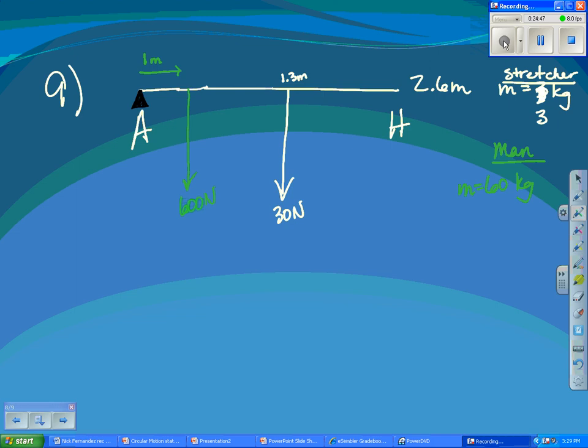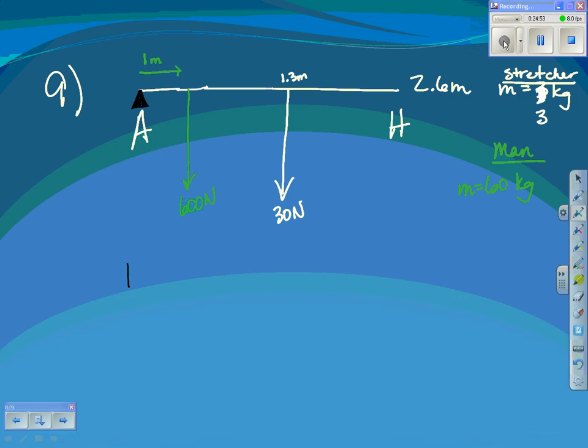All right, so we're going to take Anita completely out of the equation at this point. All right, and we're going to, again, do our torques. The first torque that we come to is the man, plus the torque of the stretcher, plus what I didn't draw in here was the force that Anita and Hank are applying.